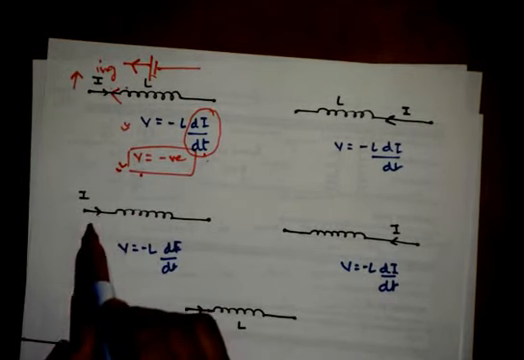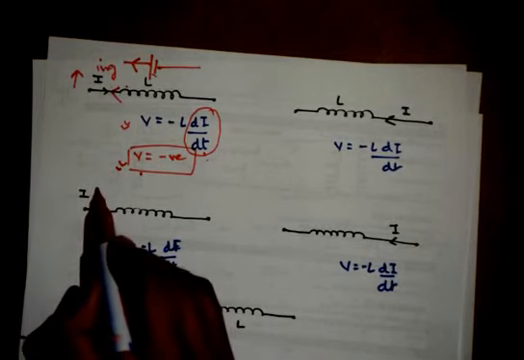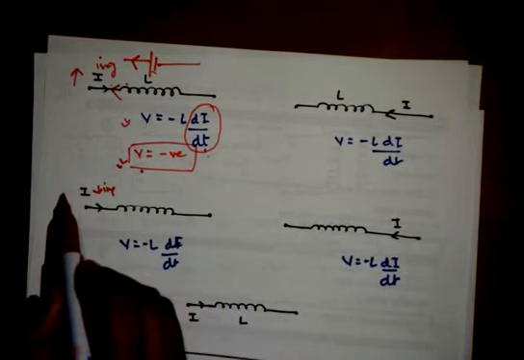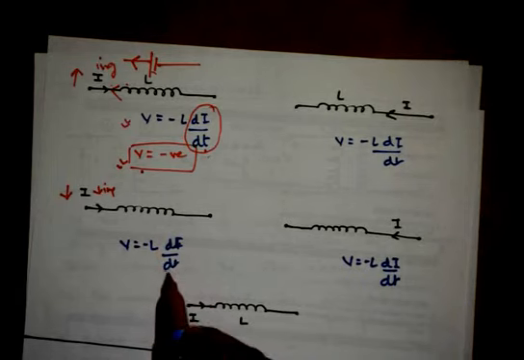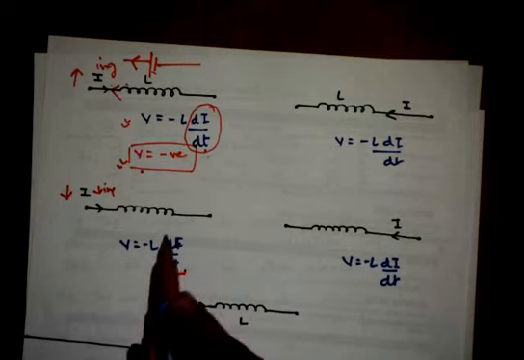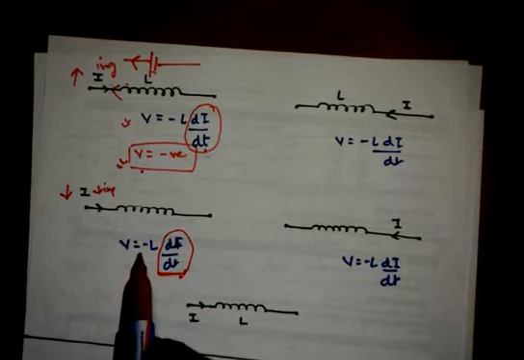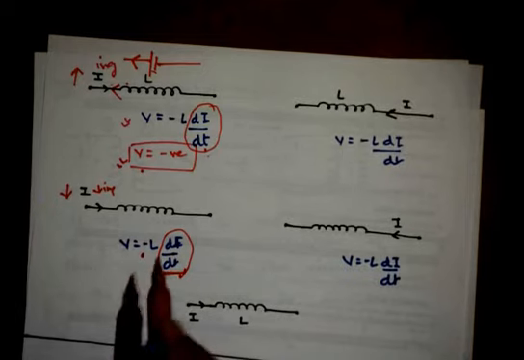Now suppose here this is the inductor, this is the I, but this I is a decreasing current. Means the current which is flowing through this solenoid is decreasing. So that means di by dt is becoming more and more negative. So this factor is negative, and we already have a negative sign over here. So this negative and this negative will become positive.